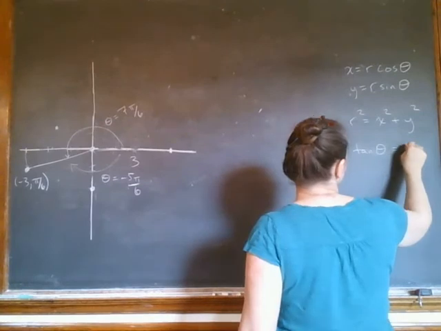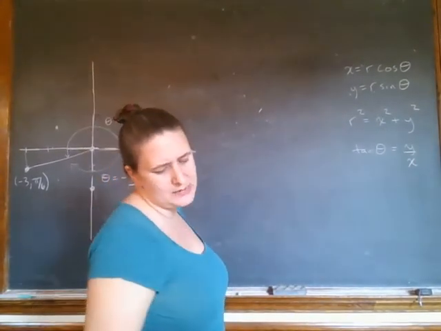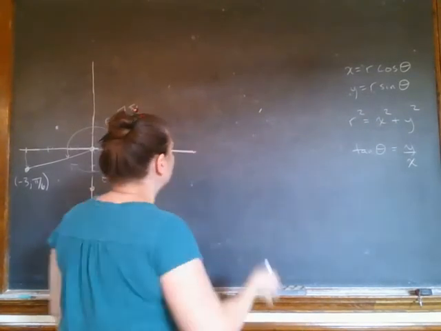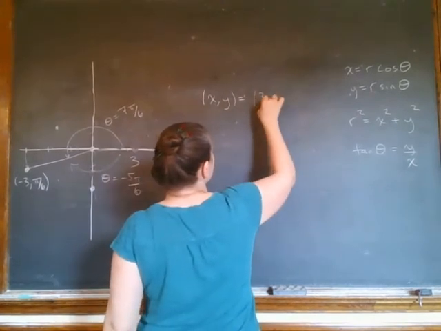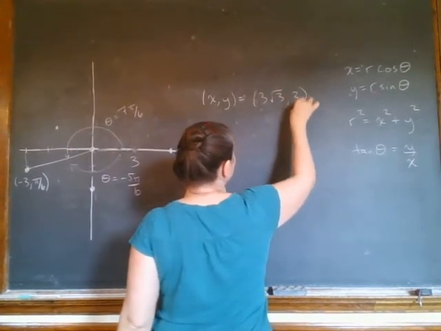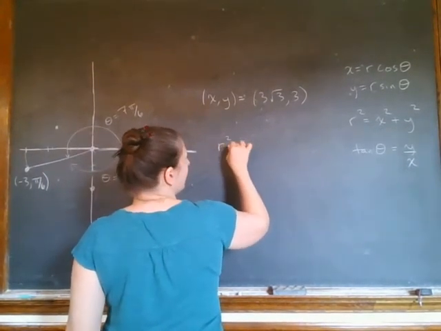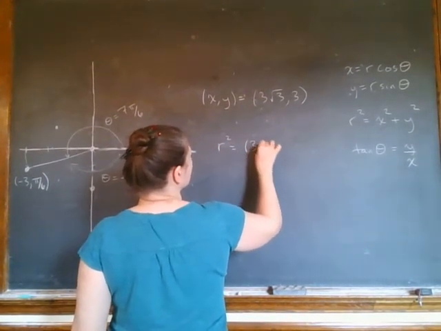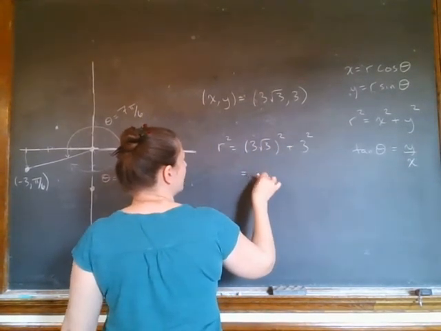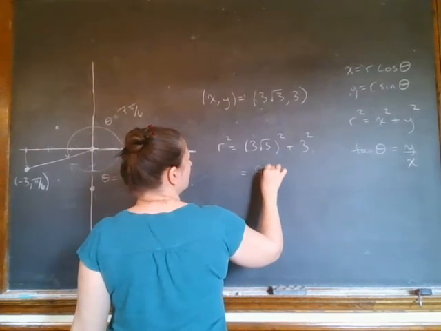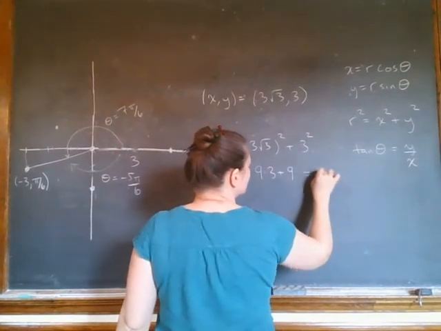Because with tangent theta, you have to maybe do the inverse tan. It sometimes helps even to draw it. So if I have something like this, 3 root 3, 3, okay? So r squared is going to be 3 root 3 squared plus 3 squared, right? So I've got 9 times 3 plus 9, so 9 times 4 is 36.